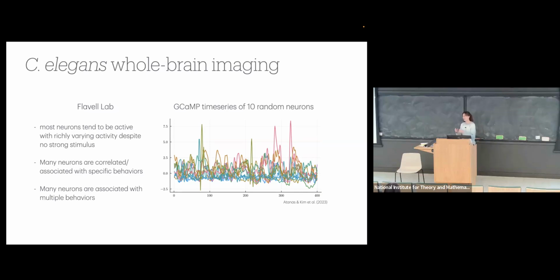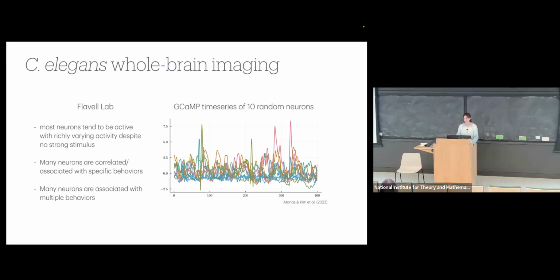So each neuron doesn't just have one task, it's doing many tasks. So I think it's interesting that these tasks are distributed throughout the network. Many neurons are doing the same thing, and many neurons are also doing a lot of things, which I think is an open question.